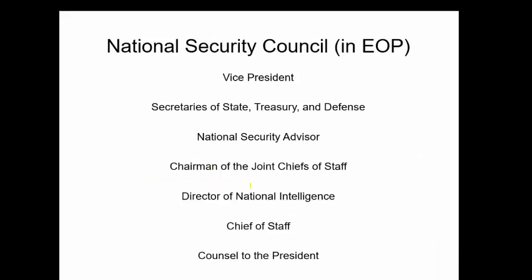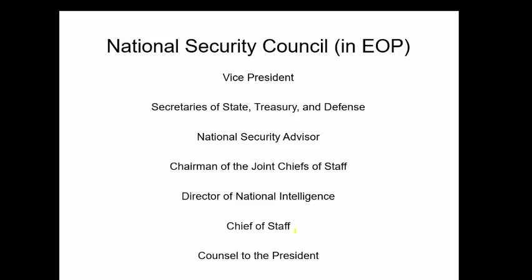So let's look at the National Security Council. These are the advisors that meet with the president fairly regularly on security affairs, conflict around the world, protection of our society. The Vice President sits in on that. There's other people that sit in on this meeting from time to time.